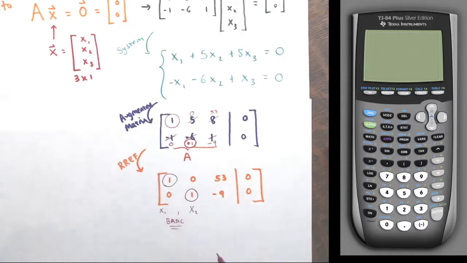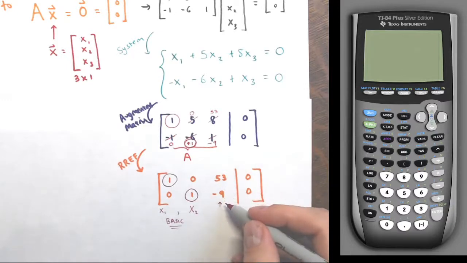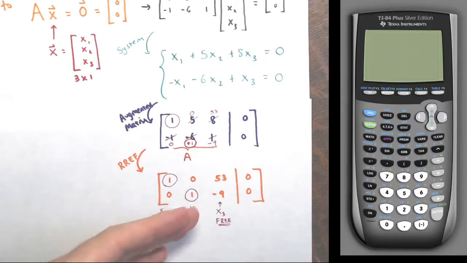So these two are basic, meaning they're going to be fixed values once I've chosen the values for my free variables, which is what this column corresponds to. The third column has no pivots in it. So the variable x3 is free, meaning I can replace x3 with any real number I wish, and once I do that, then x1 and x2 will be able to be found.